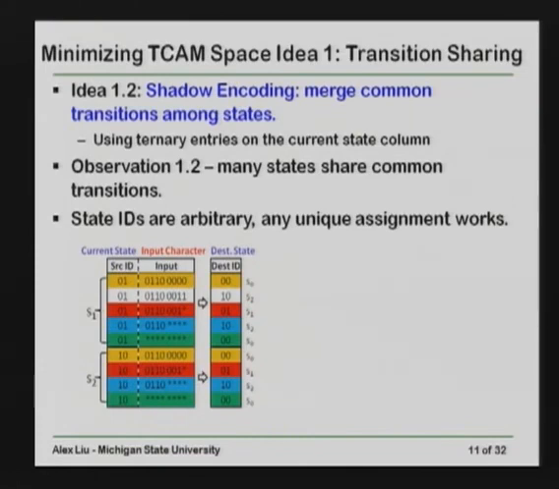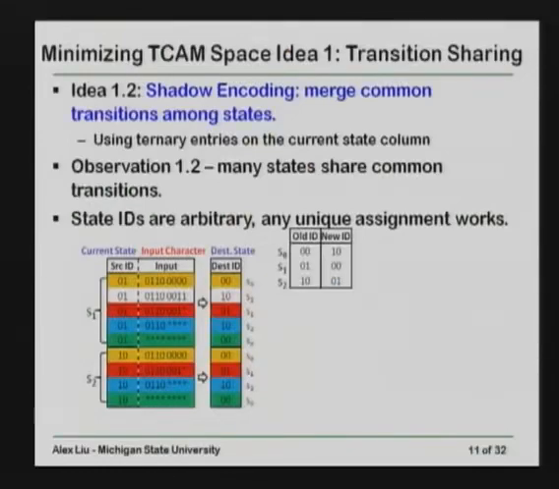So if we assign the IDs carefully, for example, S1 by 0, 0 and S2 by 0, 1, you will see that after this replacement the source state ID for S1 is 0, 0, and the source state ID for S2 is 0, 1.